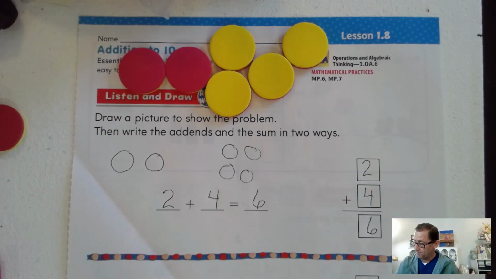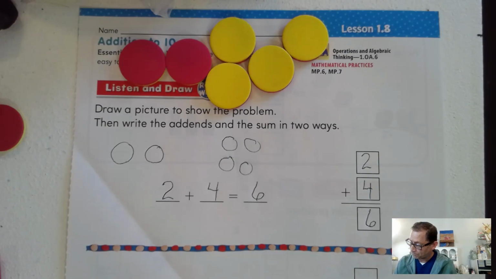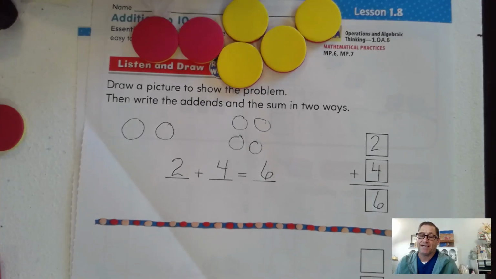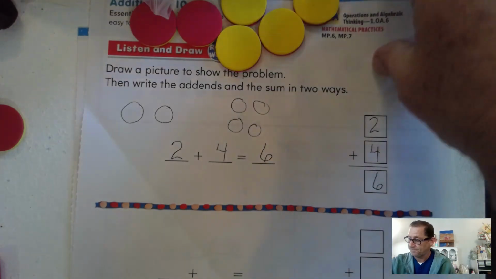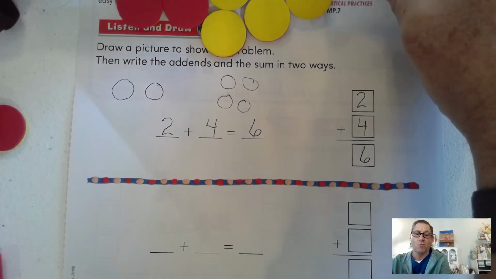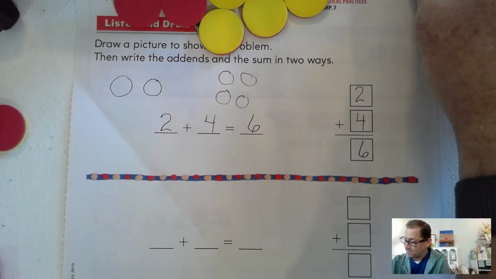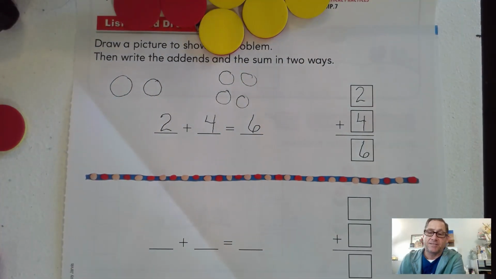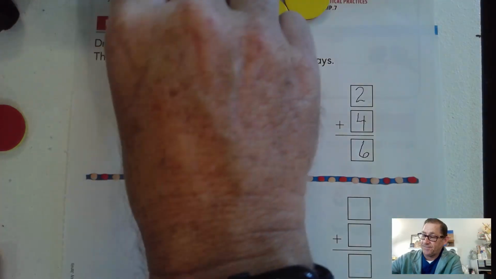Alright, try this problem. Christy has 3 stickers. Bruce gives her 2 more stickers. How many stickers does Christy have now? Okay, so I said Christy has 3 stickers.